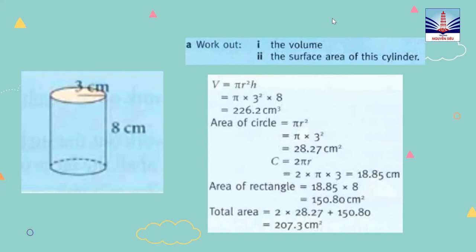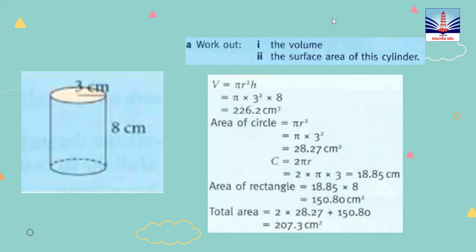And wait, what is the C? What does the C mean? Can you tell me? The circumference, I think. Oh, so the circumference is 2 times pi times radius, and we have 18.85 centimeters.